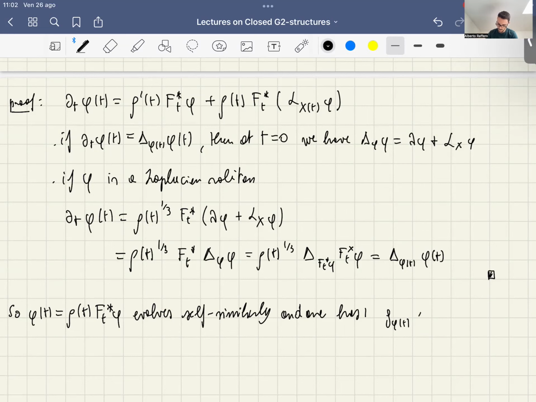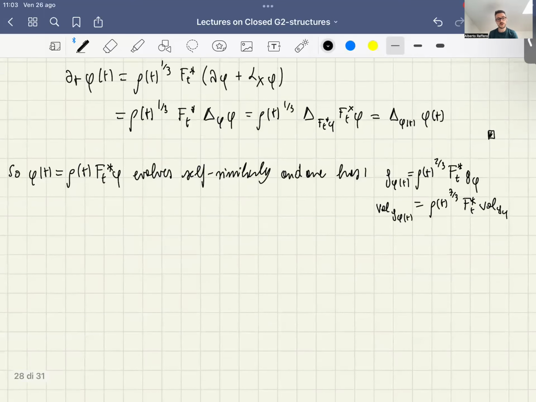In particular, you will have rho t to the power of 2/3 the pullback of the metric induced by the initial Laplacian soliton, and the volume induced by the self-similar solution is equal to rho t to 7/3 the pullback of the volume form of the Laplacian soliton.